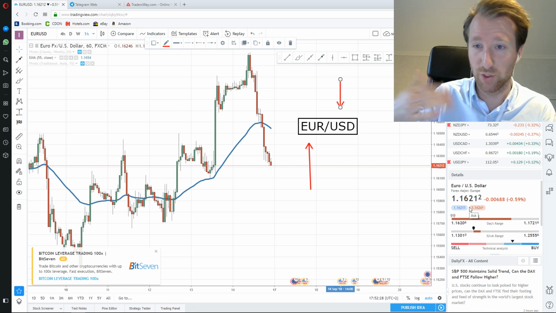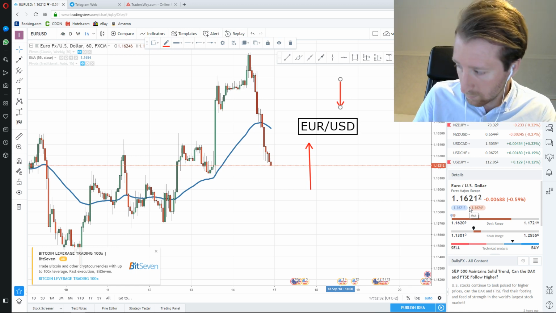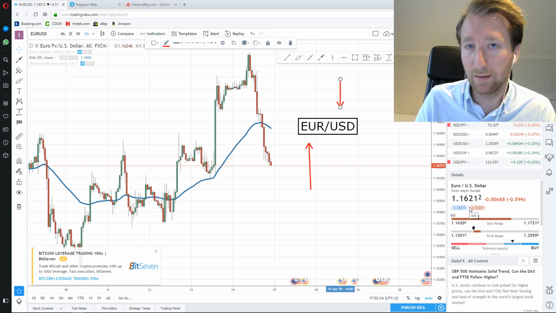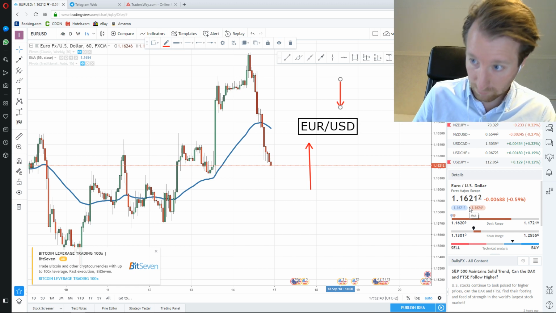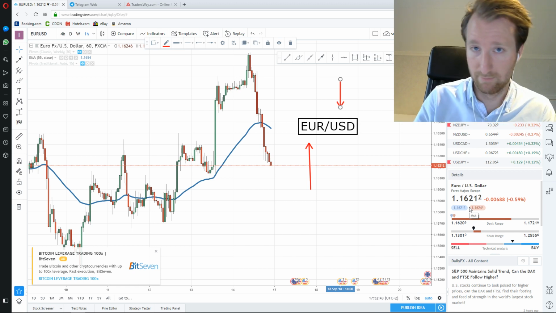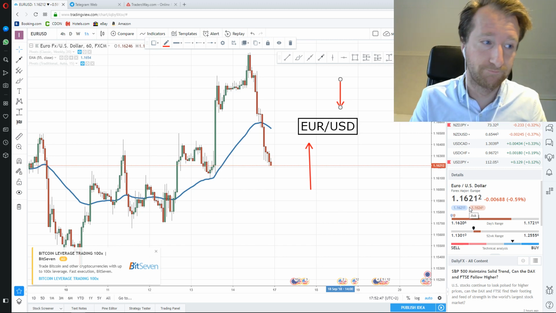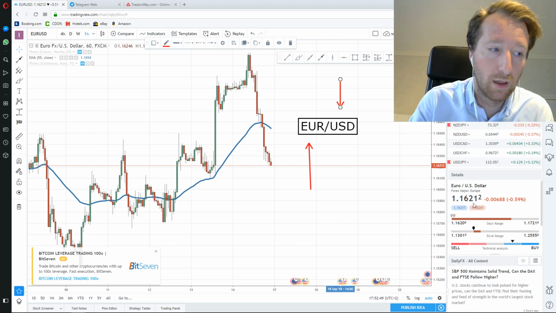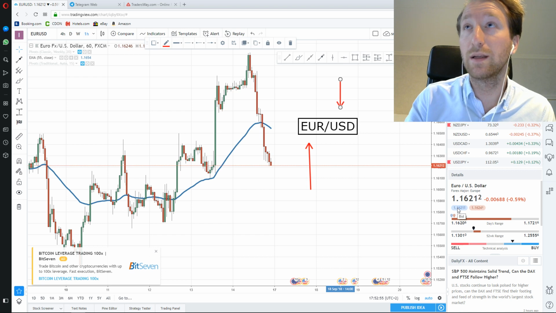It already sets you back when you enter a trade, so you have to move some pips into profit to regain and break even. And then this spread is variable.